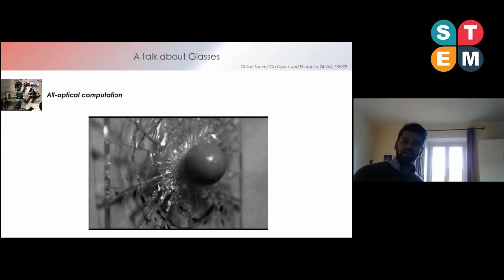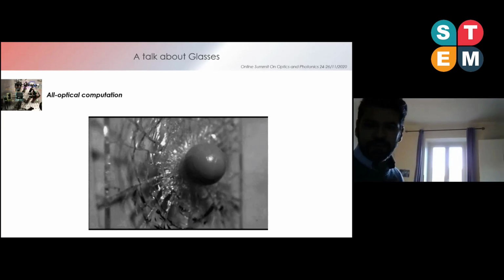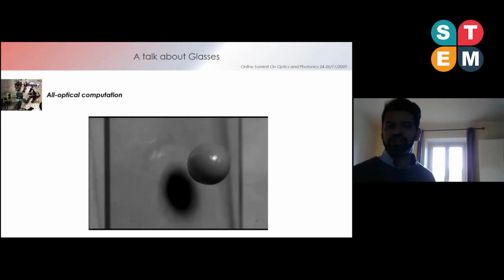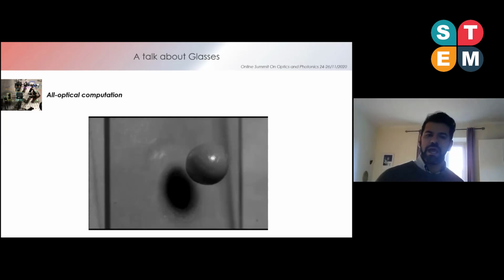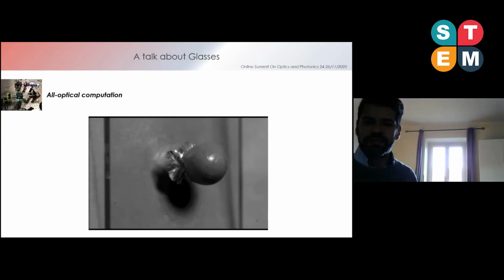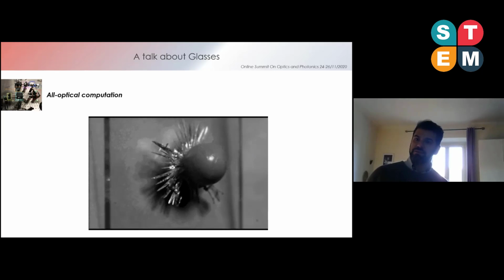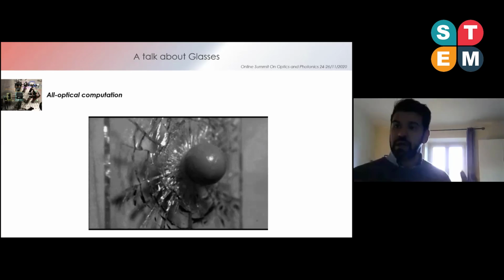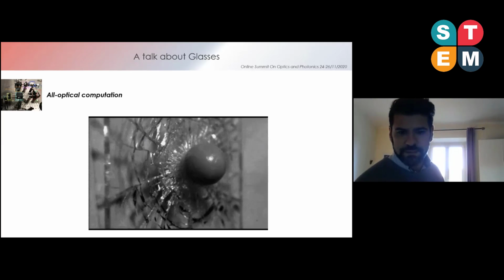In this very nice slow-mo, you can see the cracks appearing at different positions in a glass which is hit by a bullet, and the position of the cracks is completely random. This is connected with a signature, the fact that at a microscopic level you have a disordered organization of atoms.